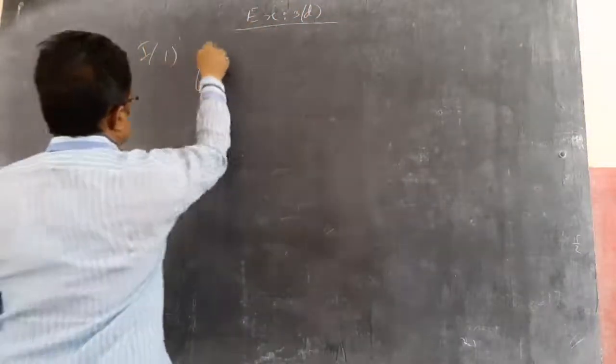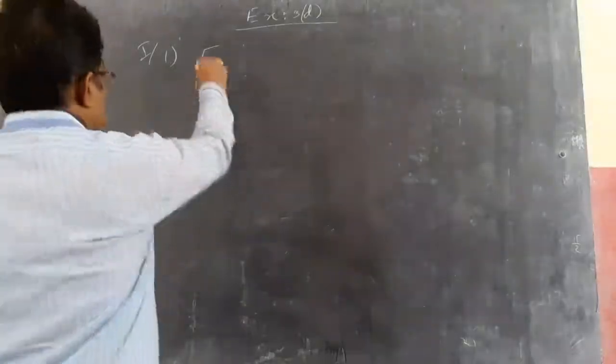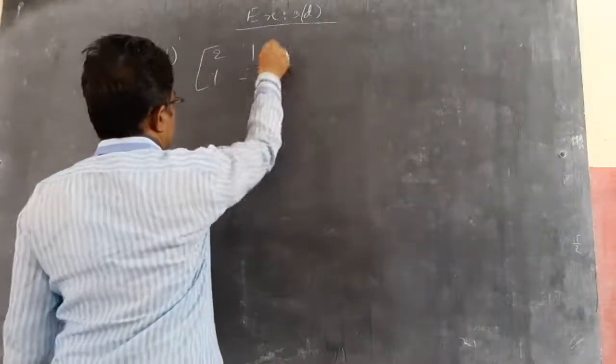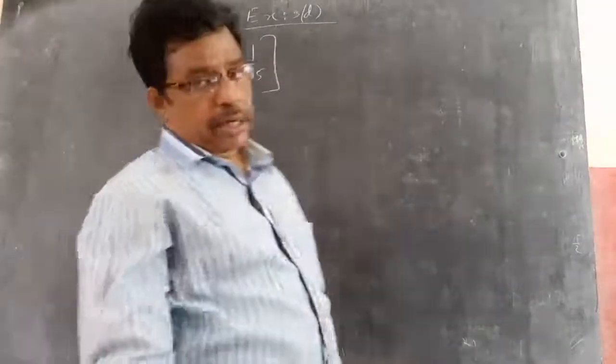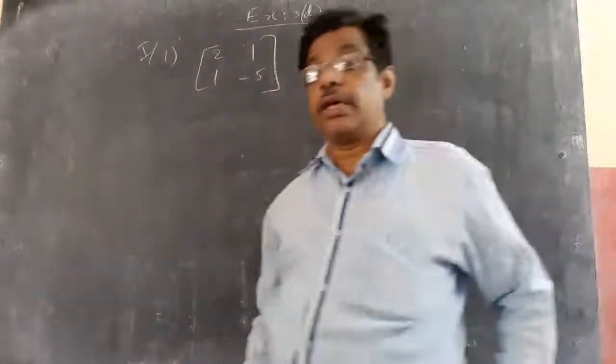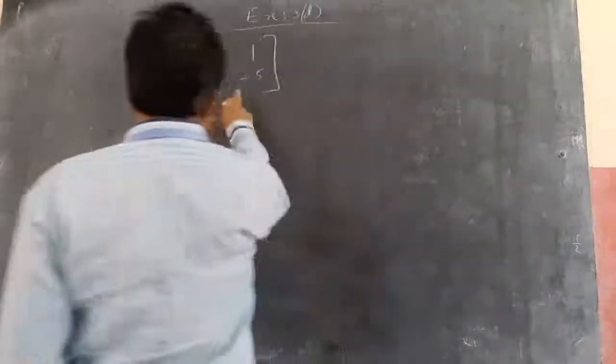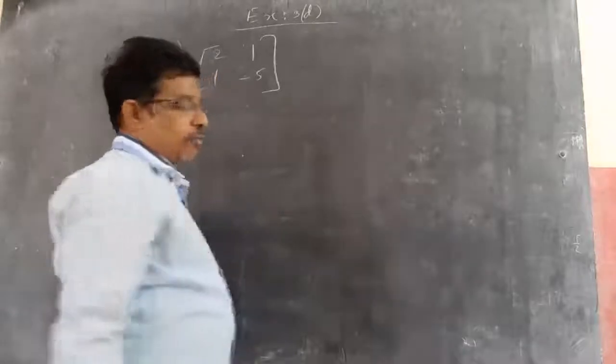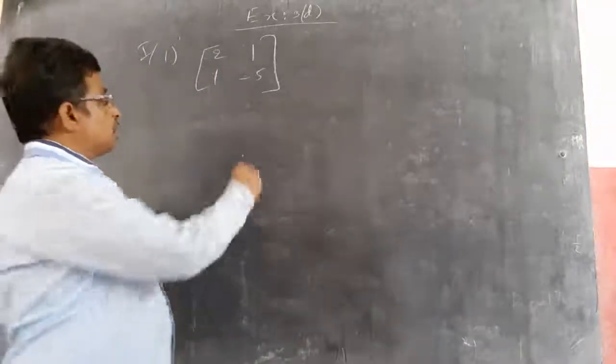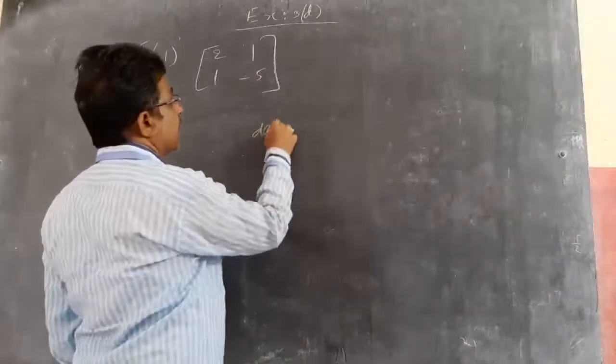First Roman, first one: 2, 1, 1, minus 5. Find the determinants of the following. Just find the determinant. If it is 2 by 2, what did I tell?